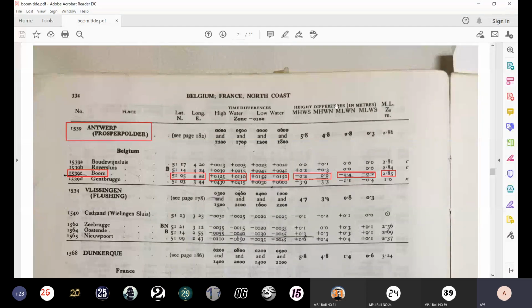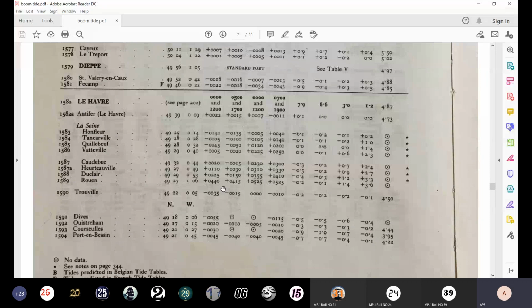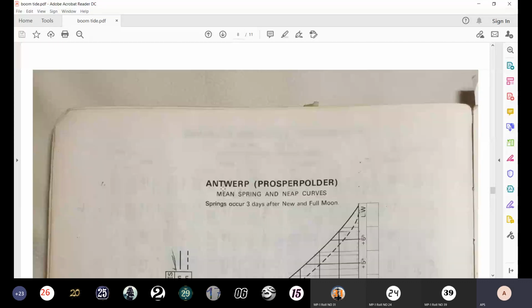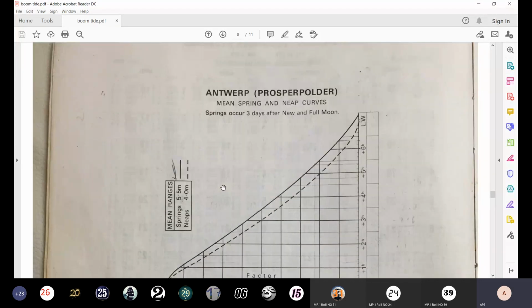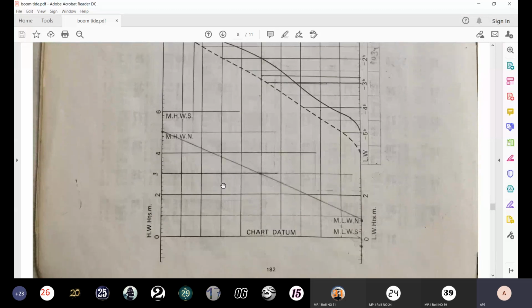Now see these height differences. We are looking at height differences. So this will be the correction to be applied to height. But what about seasonal correction? So seasonal correction for 1539 and 1539C. If you don't see it here, you have to change to the next page.